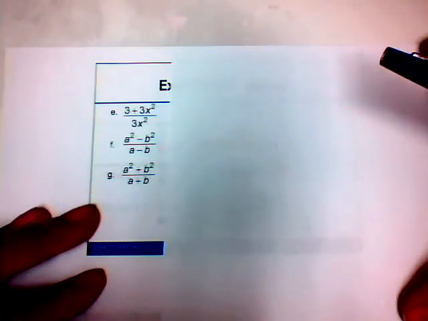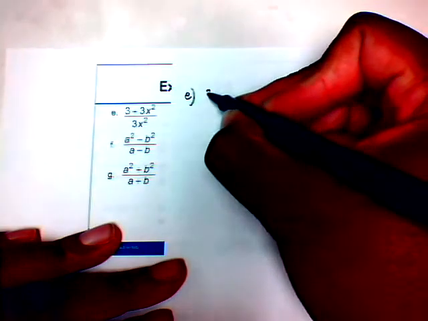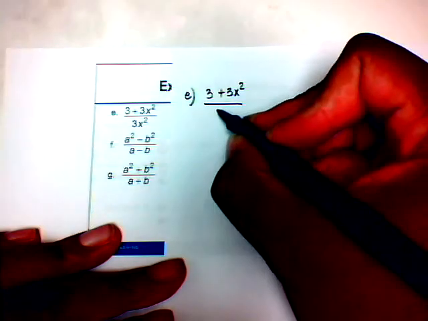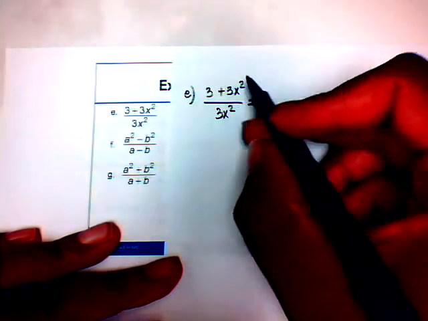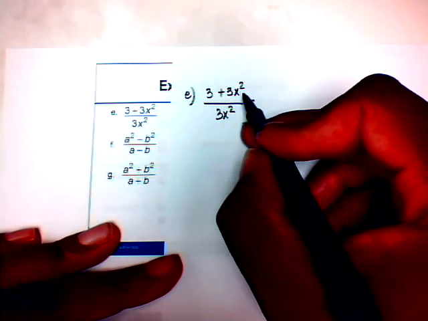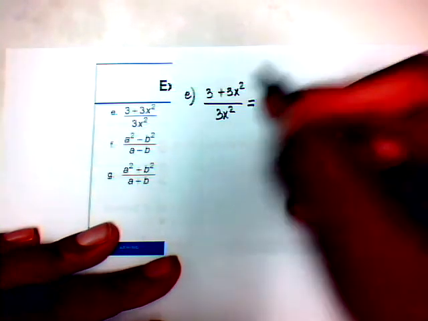Here we've got 3 plus 3x squared divided by 3x squared. Now let's look at the numerator, which is 3 plus 3x squared. There is a common factor in those two terms, the 3.